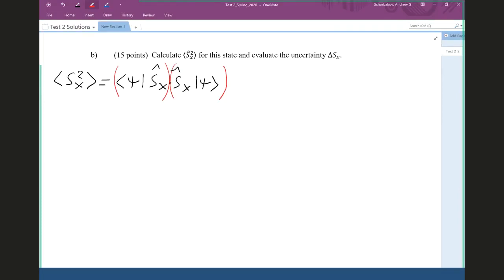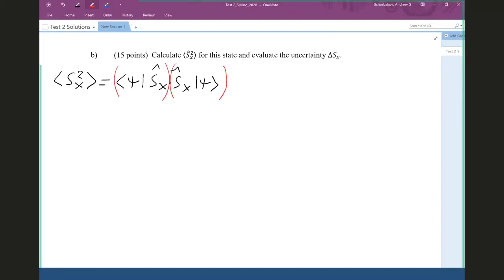We calculated that in the previous part of the problem. By the way, if you got the first part wrong, obviously this one will be wrong as well, but we didn't take points for that in this part of the problem, so you shouldn't be penalized twice for having Sx psi wrong in the first part of the problem.